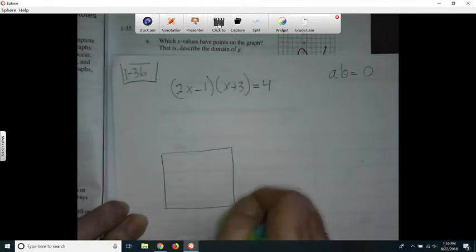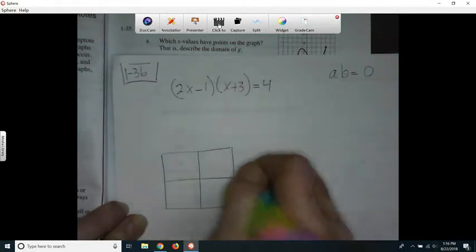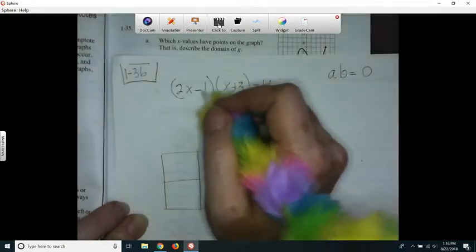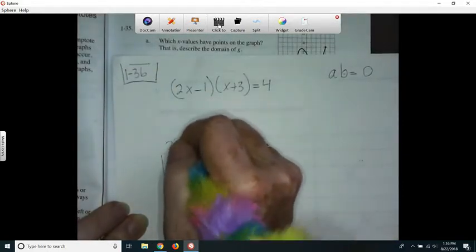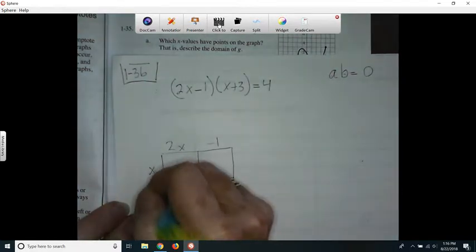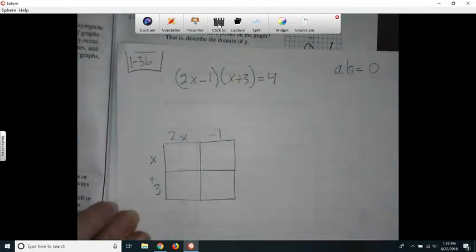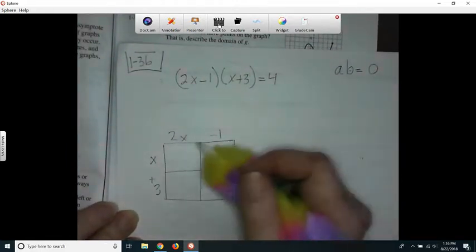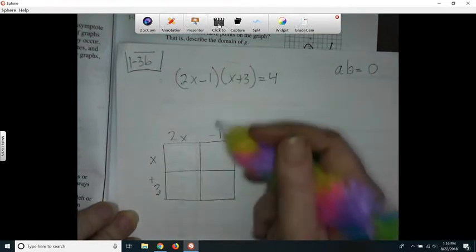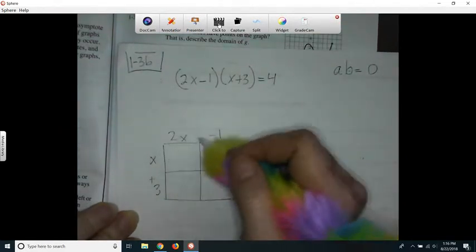So many of you have been in these kinds of books where they use an area model. So you can take each factor, here's a factor, 2x minus 1, and here's another factor, x plus 3. And you make this box, and it's called an area model because you know how length times width equals area? So inside the box you write the answer to the length times width, you write the area.